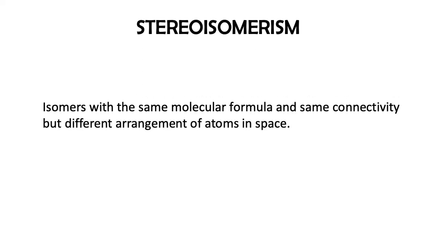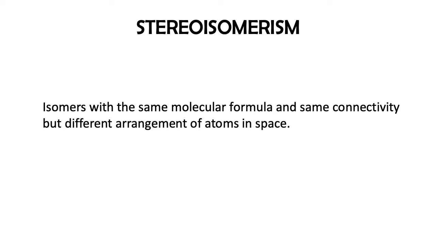So basically, stereoisomerism is an isomerism, ada dua lah, or more than one, yang penting more than one isomers. They have the same molecular formula, same connectivity, however, this time, they differ in the arrangement of atoms in space.